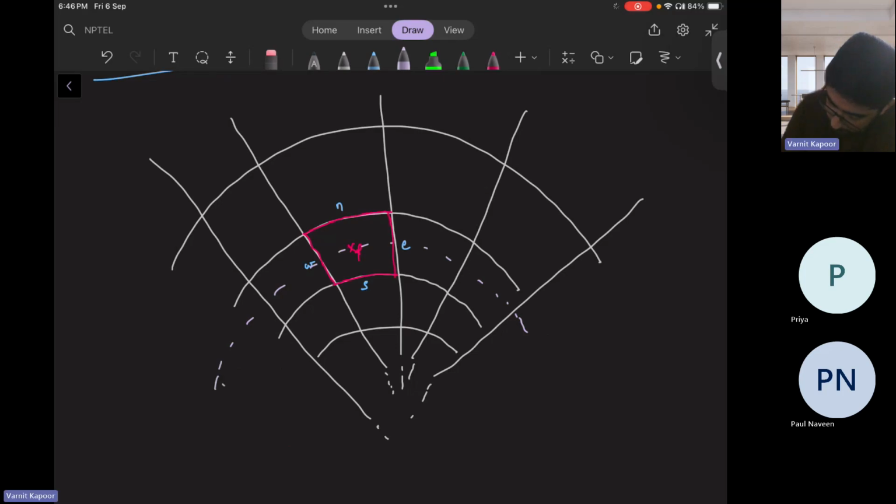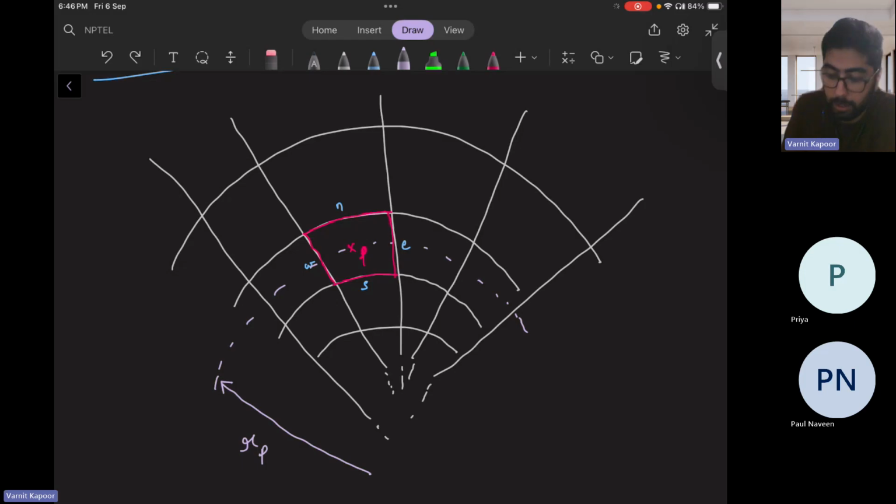Please understand this very carefully. This is the frame of the polar coordinate system, so that when I'll be discretizing the equation, this will be very needful for you guys.